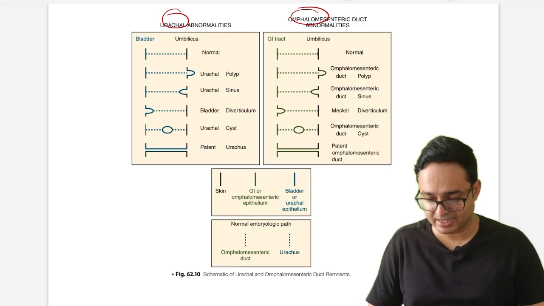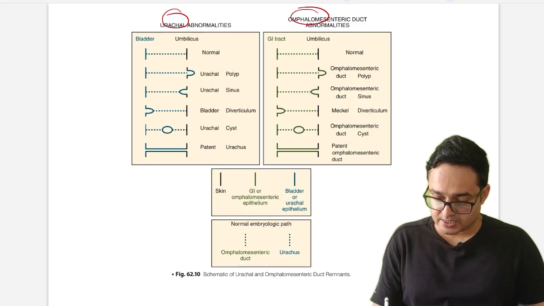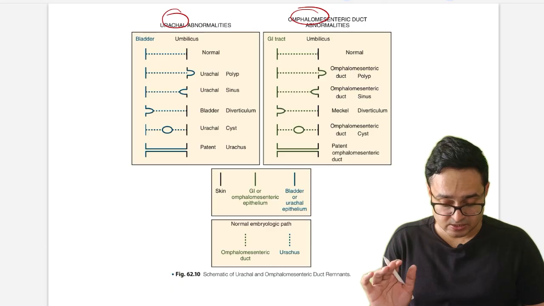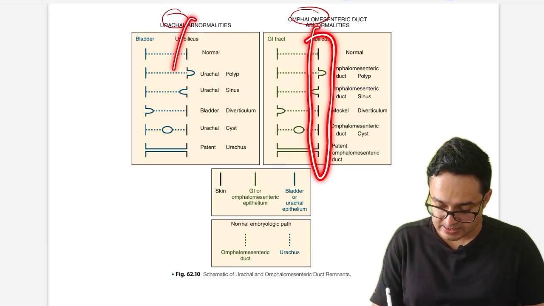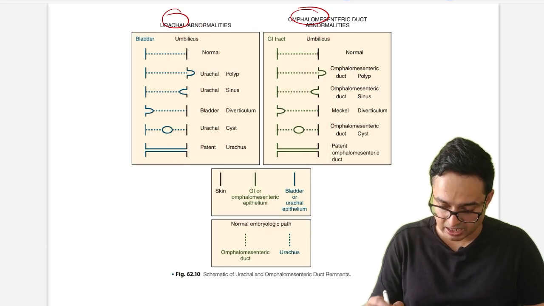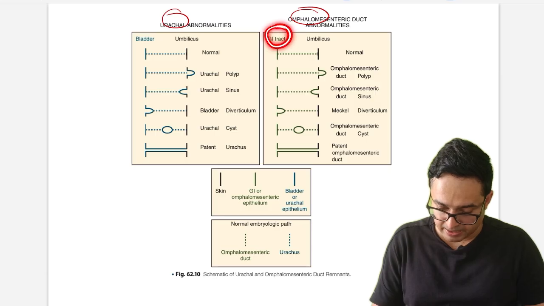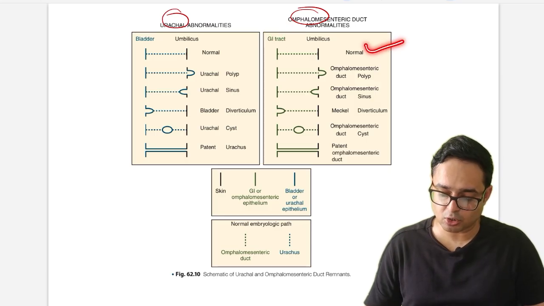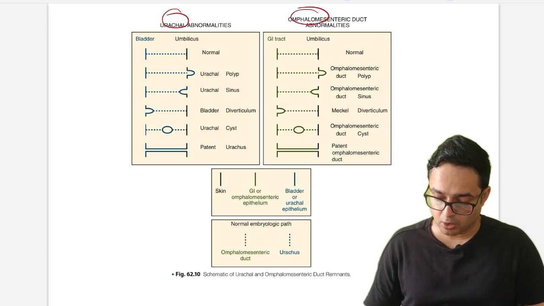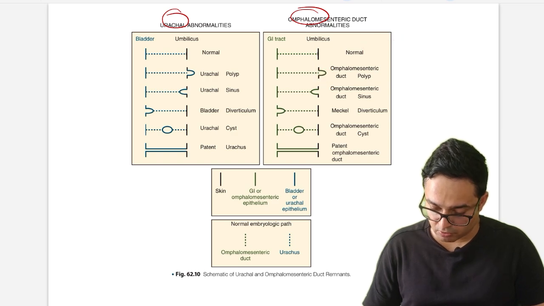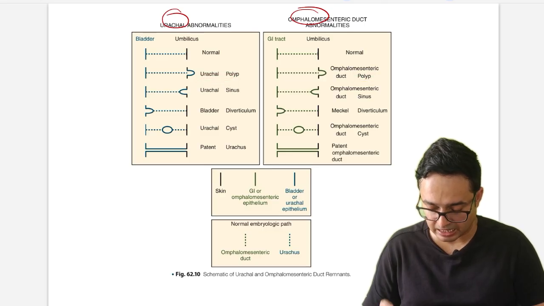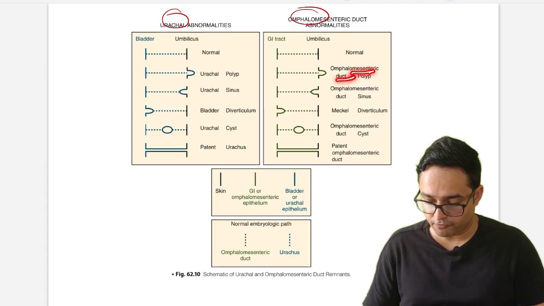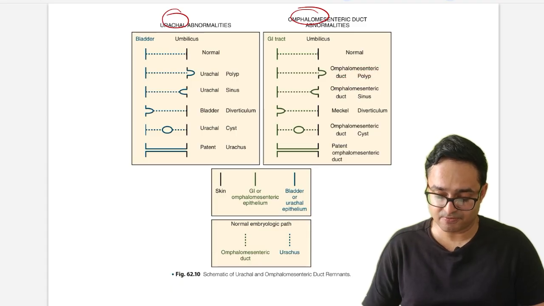Very much important. Omphalomesenteric duct abnormalities are also important. Umbilicus is the same from this side, like this. Bladder is replaced by GI tract. If there is no connection, it is normal. If an outpouching of the umbilicus is seen, similar to urachal polyp, it will be called omphalomesenteric duct polyp.